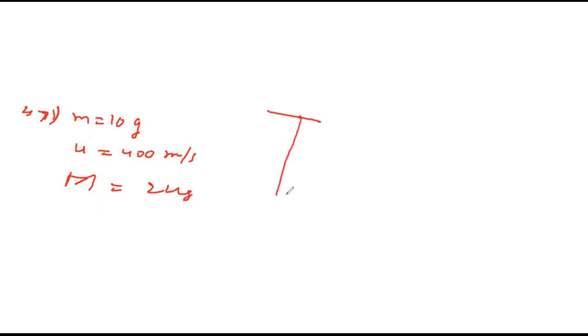A bullet of mass 10 gram moves horizontally with velocity of 400 meter per second and strikes a wood block of mass 2 kg. So this is the bullet, I'm taking small m, and the block as capital M, which is suspended by a light inextensible string whose length is 5 meter.